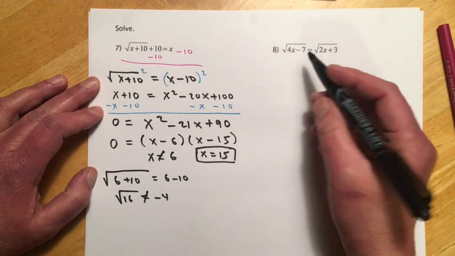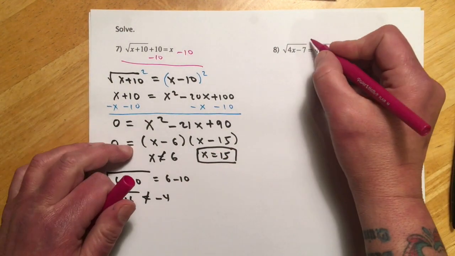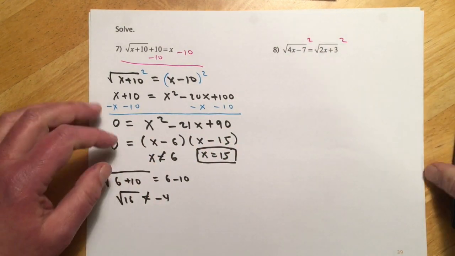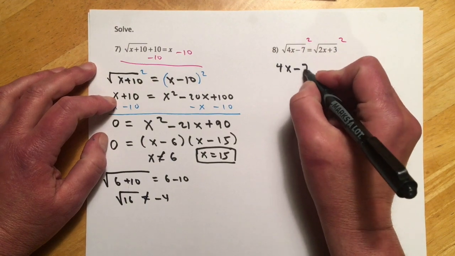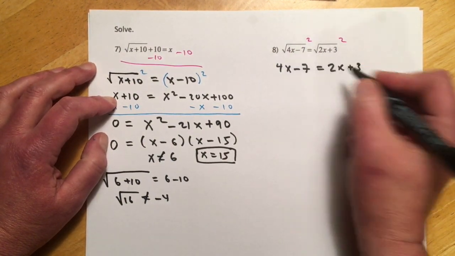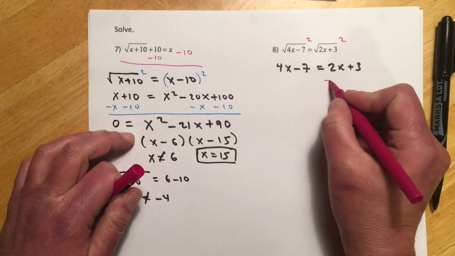So for number 8, this one is a root equals a root. So what I can do there is just square both sides just as it is. And then I get 4x minus 7 equals 2x plus 3, so I just get the stuff underneath the roots. And then I can bring the 2x over.